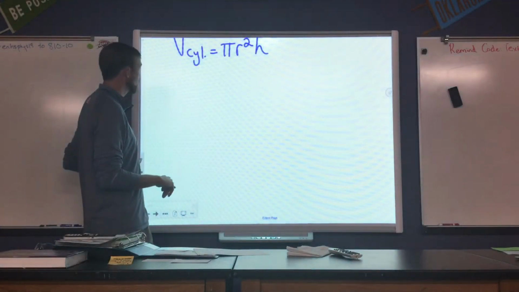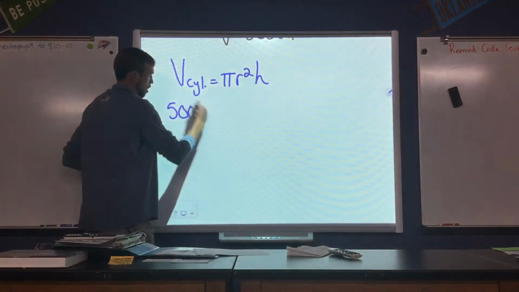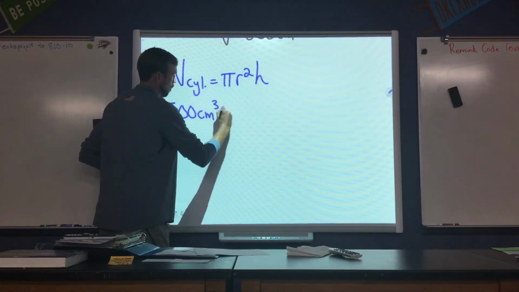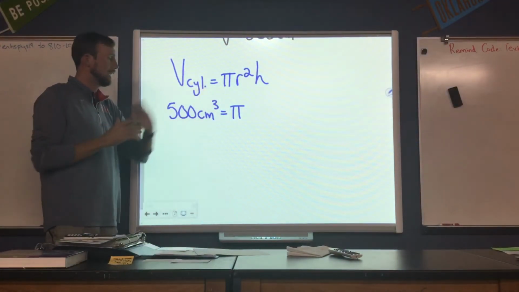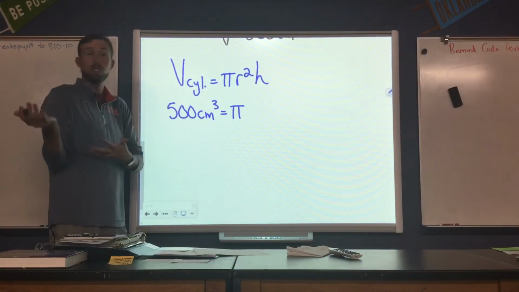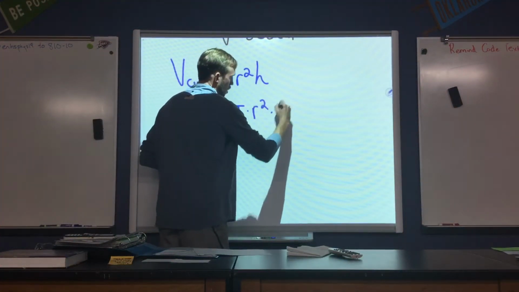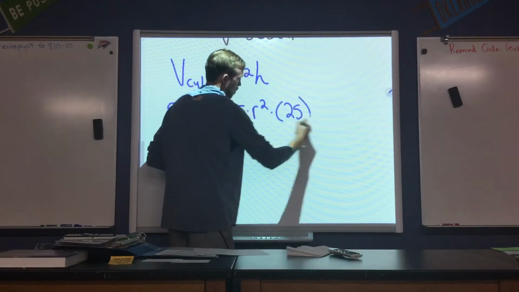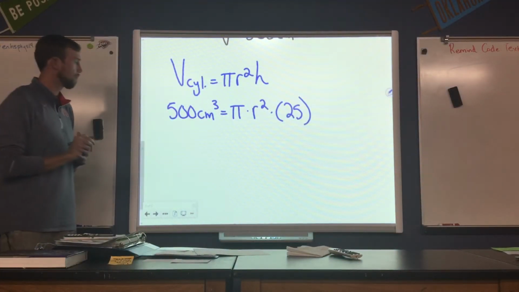Our volume here was 500 cubic centimeters, and that's equal to pi, which we're not going to plug a value in for. It's a mathematical number that we can just use in our calculator. Multiplied by r squared, multiplied by 25. And we just plugged in what the height value was that we were given in the problem.